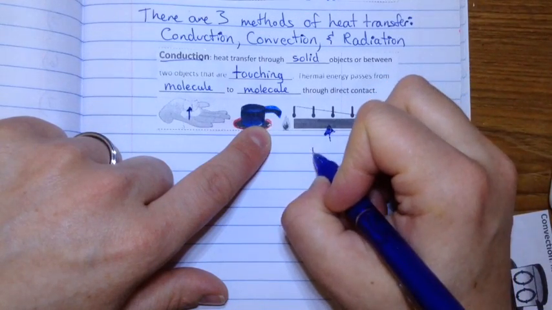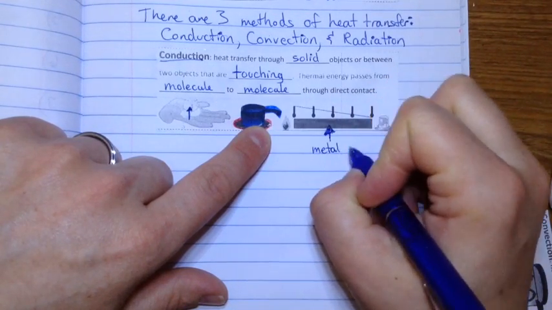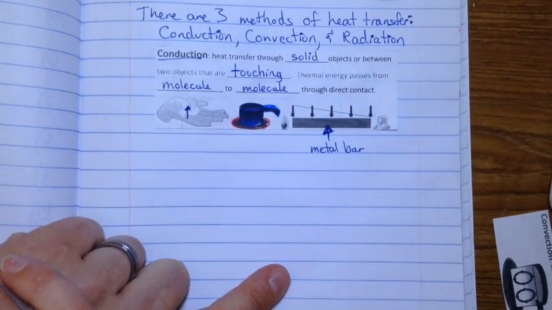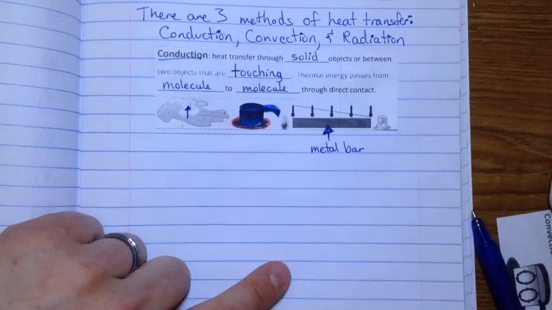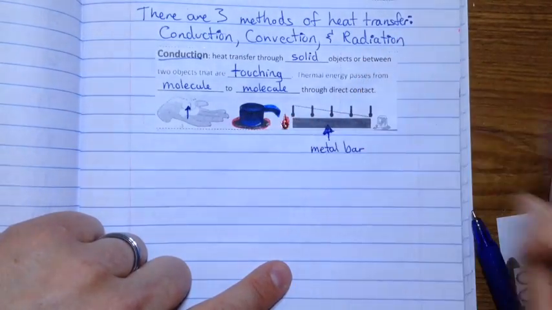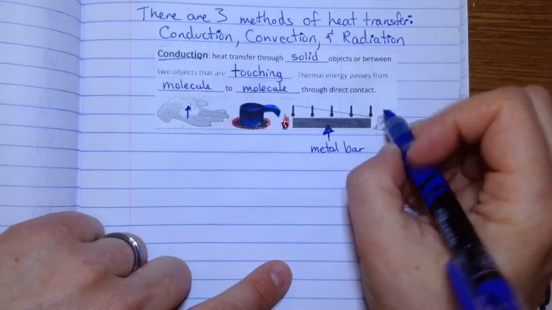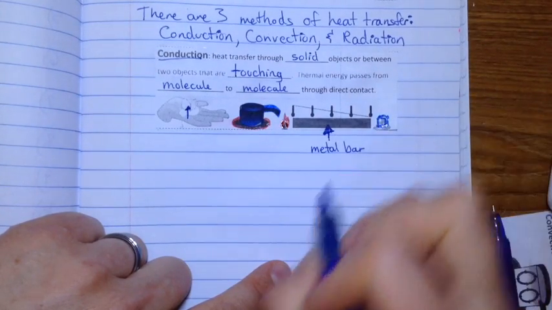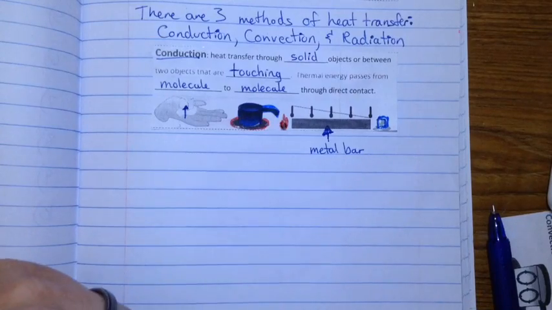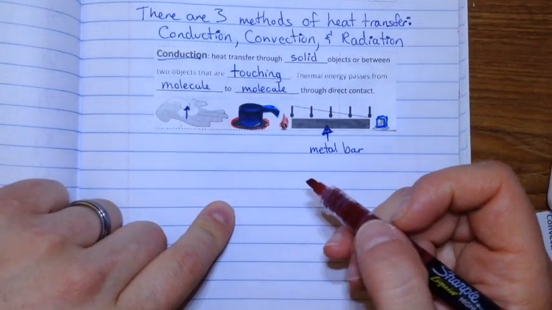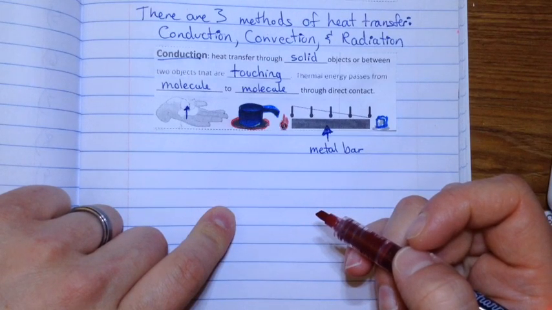Okay, so we're just going to call this a metal bar. Okay, that metal bar, one end, we have nice hot fire. On the other end, we have cold ice cube. This end of the bar, yes?